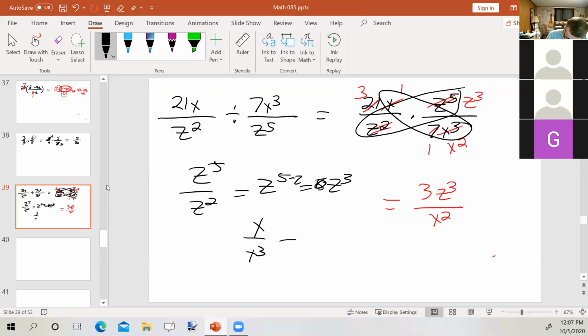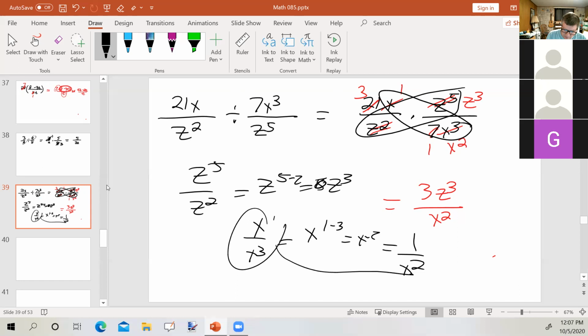X over x cubed is x to the 1 minus 3, or x to the negative 2, but then you can put it on the bottom and change the sign of the exponent. Or you can just go straight there and say, well, I'm going to get rid of 1x on top, 1x on the bottom, so I'm going to have 1 over x squared. Okay. All right. Refresher course of chapter 5 is what this is.